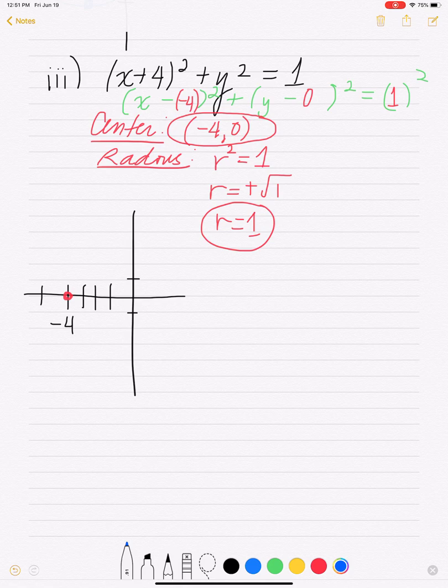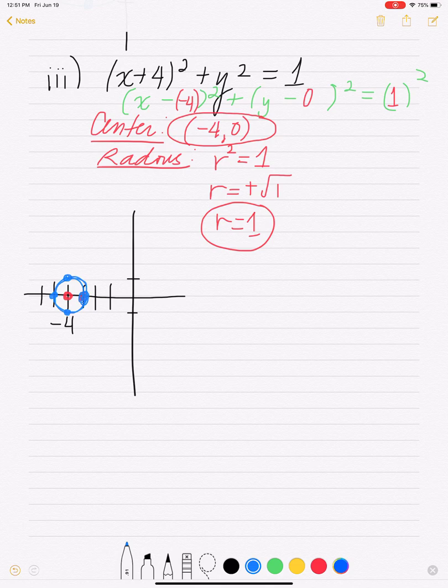Okay, that's not very good. Okay, 1 unit. So I'm going to go 1 to the east. That should be blue. Let's go blue. 1 to the east, 1 to the north, 1 to the west, and 1 to the south. And we're going to connect those blue dots into a circle. Okay, that's my best circle there.